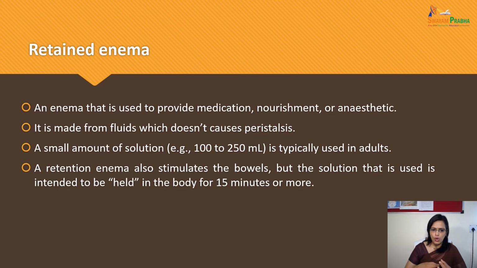A small amount of solution is typically used, in adults for example 100 to 250 ml. A retention enema is also used to stimulate the bowels, but the solution is intended to be held in the body for 15 minutes or more.